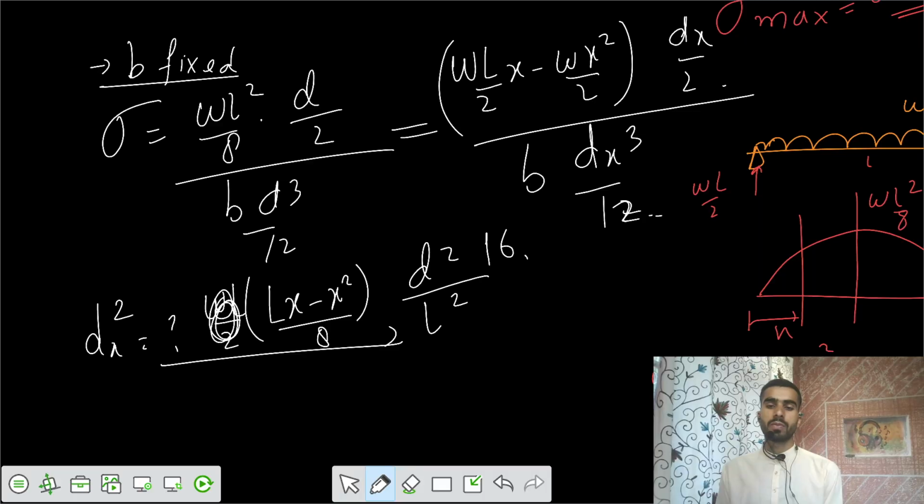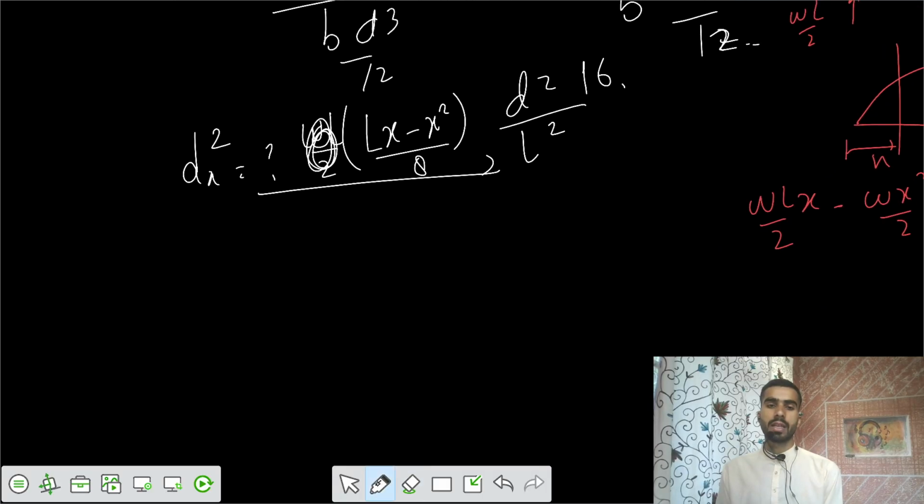So there is some equation we got. We can say that dx is a function of root x, or a function of Lx minus x squared.